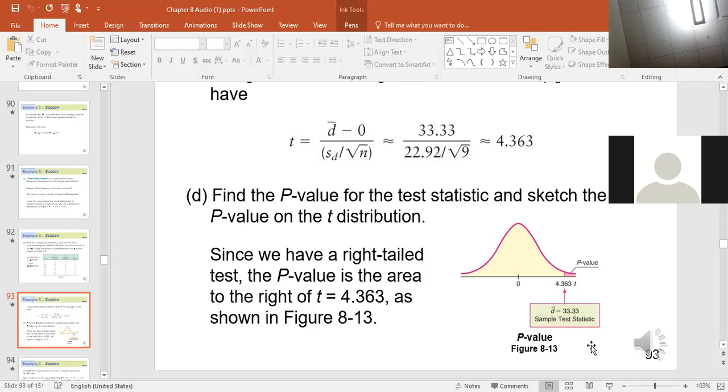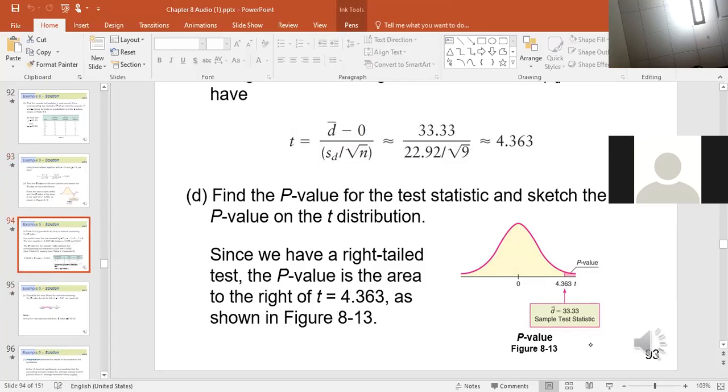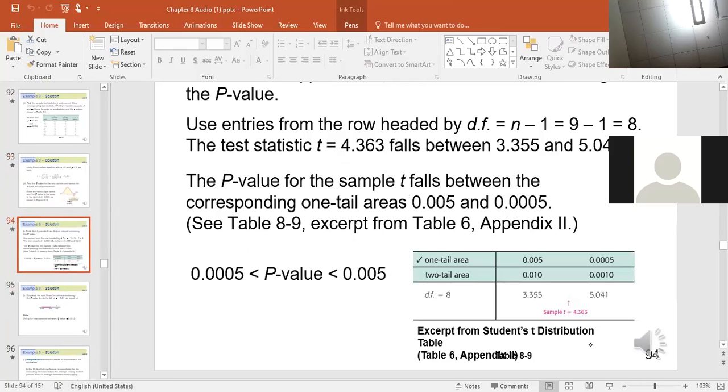What is it for one tail? To read, you can just expand your Excel. You will see one tail p-value. 0.001112. Can you all see this on your calculator?